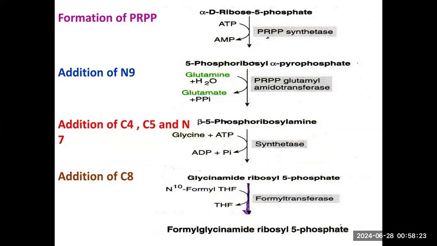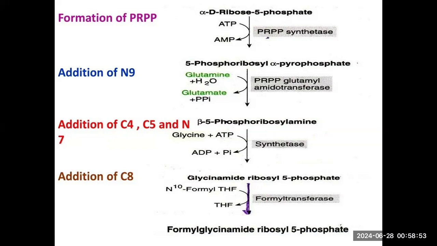Then, in the second reaction, a glycine molecule in the presence of ATP is added to the 5-phosphoribosyl amine by the enzyme synthetase, and the whole glycine molecule is added, and we get the formation of glycinamide ribosyl 5-phosphate.